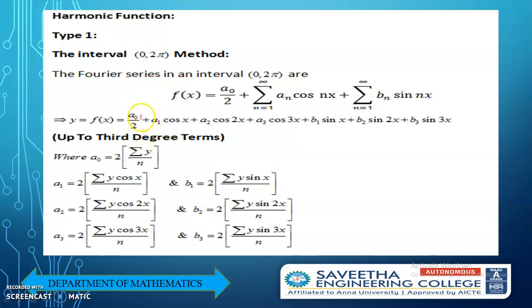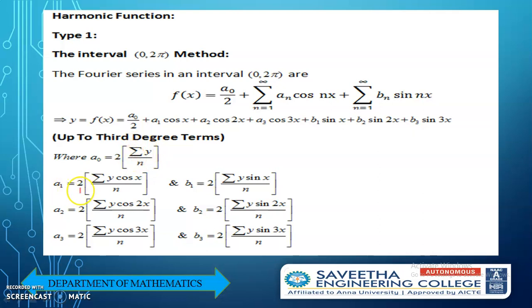The main thing here is to find the constants a0, a1, a2, a3, and b1, b2, b3 based on the given formulas, where a0 equals 2 times the summation of y divided by n. The summation of y is nothing but the total of the values.